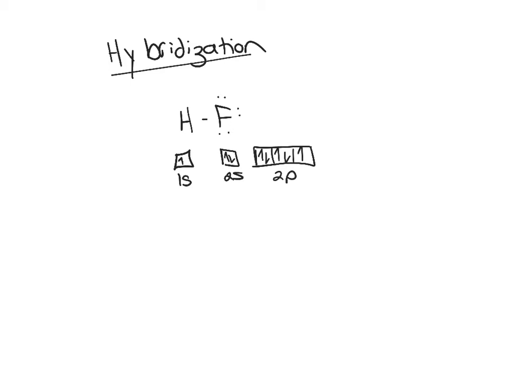Basically F is full except for this 2p orbital, and H has a 1s orbital. So how do these bonds physically form? We've got a hydrogen with a 1s, and we've got a fluorine with a 2p, because remember, p's are shaped like a dumbbell, and then that overlap is what we assume is the bond.